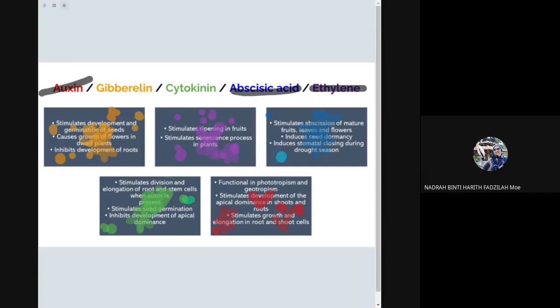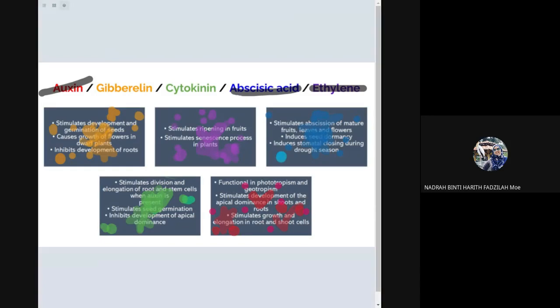Abscission, terputus lah. Terputus kan, dia jadi luruh. Daun atau buah tu jadi luruh ke bawah. And then the fourth one is cytokinin, and the final one is the auxin. Okay, tak ada masalah yang ni.